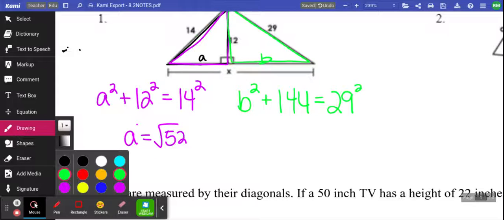I don't have that one memorized. That's a 9. Yeah, that's a 29. Oh, I was looking at the... I don't know. Multiply it out. Old school.